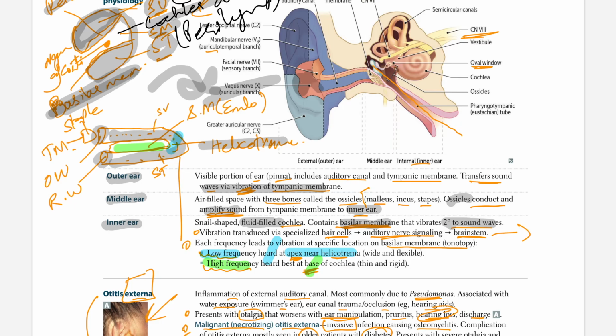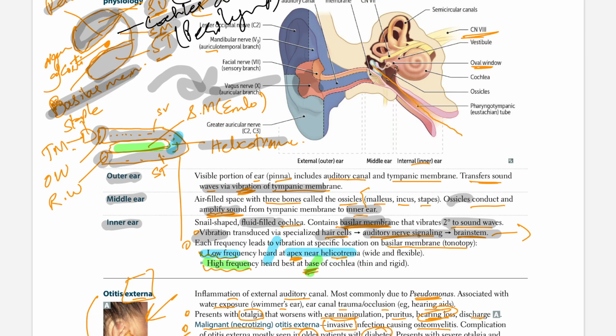But just remember at this point, the basilar membrane vibrates secondary to sound waves. Now those vibrations are transduced via hair cells, and the hair cells are going to send auditory nerve signaling to the brain stem, which we will perceive as sound. Okay, this is the whole thing about hearing.